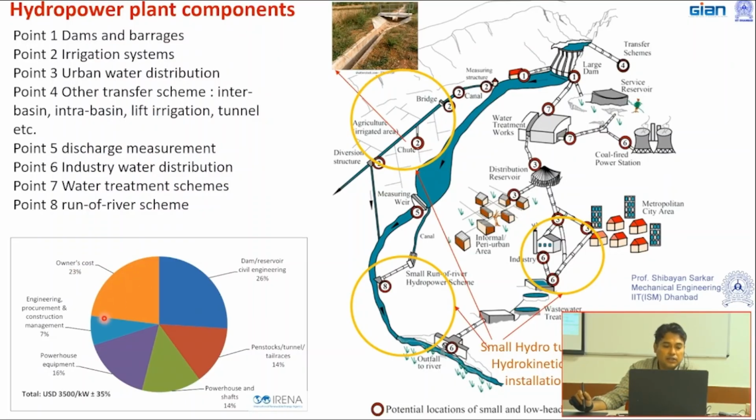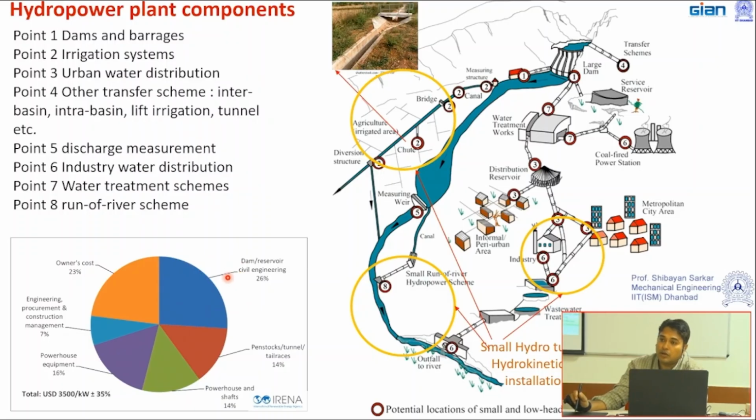Owner's cost is 23%, engineering and construction cost 7%, powerhouse equipment, that means electrical equipment, is 16%. Penstock, tunnel, tail race is a pure part of the civil construction, 14%. Powerhouse and shaft, which is actually the turbine area, is 14%. And dam, reservoir, civil engineering is 26%.